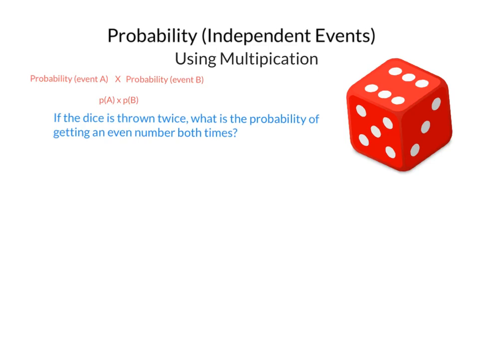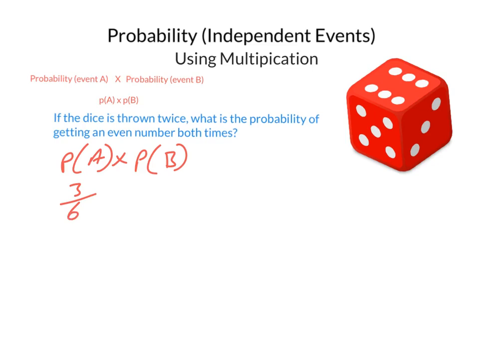And finally, if the dice is thrown twice, what is the probability of getting an even number both times? We'll start off again with our formula. So the probability of A multiplied by the probability of B. Well, the probability of getting an even number when we throw the dice the first time, there's 6 numbers in the dice, so the even numbers are 2, 4 and 6. So 3 out of 6 are even.